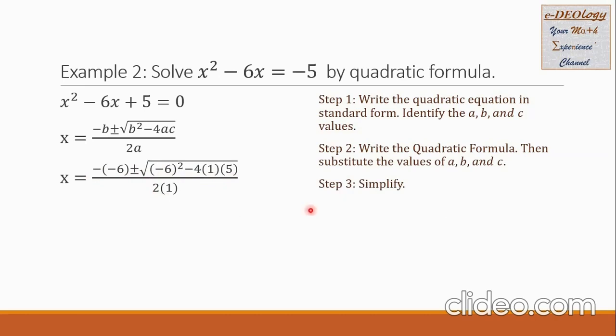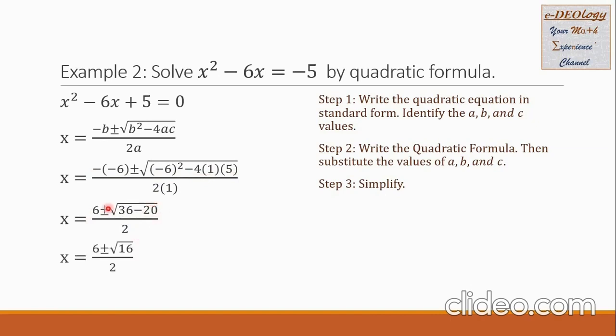Step 3, let us simplify. The negative of negative 6 is positive 6, plus or minus the square root of the square of negative 6 is positive 36 minus the product of negative 4 times 1 times 5 is negative 20 all over 2.